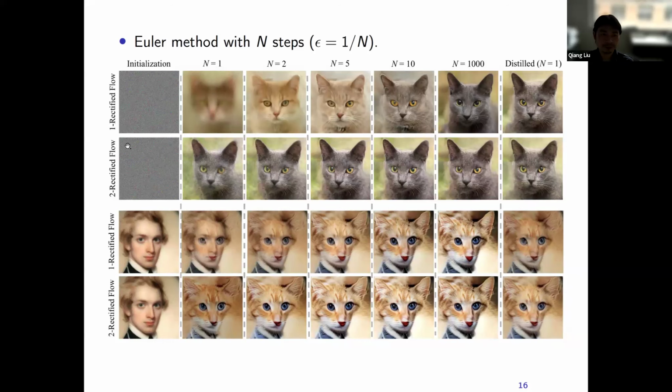If you reflow and do it another time, you will get a much straighter trajectory. You can see from here that no matter what discretization step you have, you will get pretty consistent images, right? And the same phenomenon holds if you have transport from one distribution to another. In this case, a human face to a cat face, you will get a similar effect.